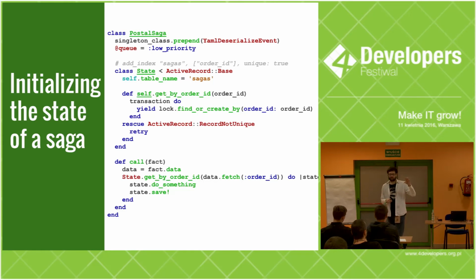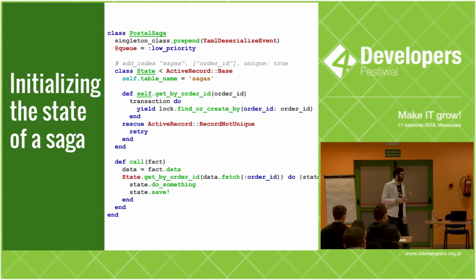So only one of the processes will be able to create the record in the database and save the state, and the other will get the ActiveRecord RecordNotUnique exception, and it will retry, and then it will find the record created by the previous process.